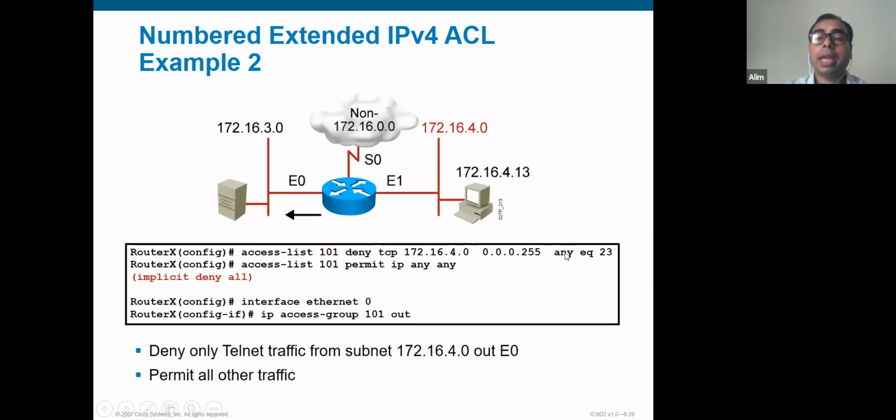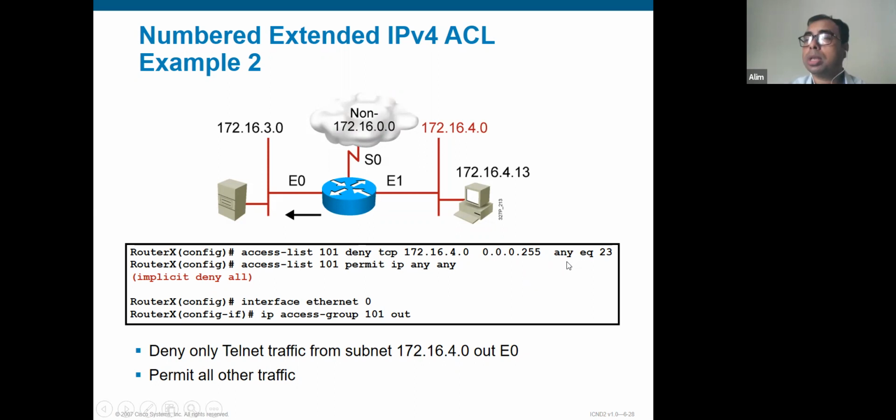Any means destination, so they cannot try any Telnet from the 172.16.4.0 network. Any here means anywhere. Or we can specify.